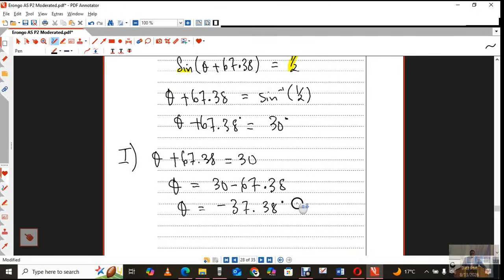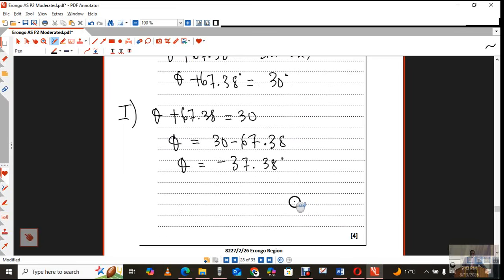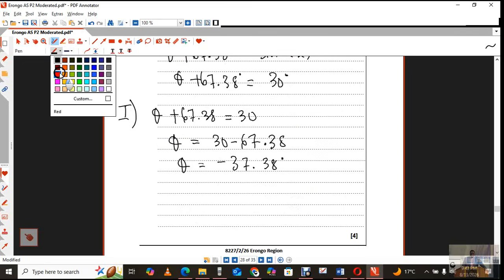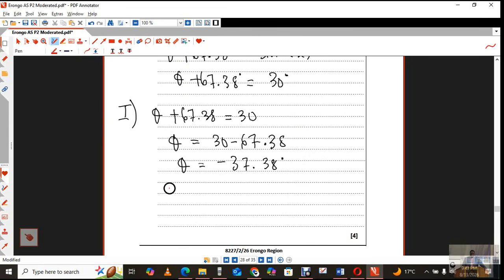Now, for us to find what that answer would be, because it's outside the domain, I'm going to say find the next coterminal angle, and I'll explain in a bit what coterminal angle is, by adding, since this is degrees, 360 degrees.